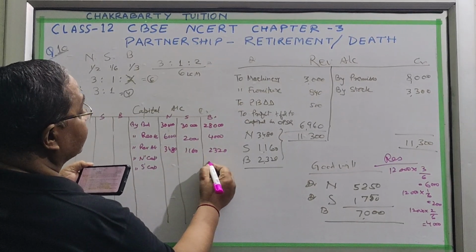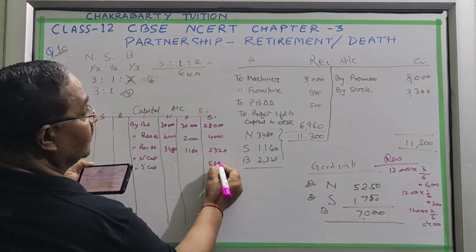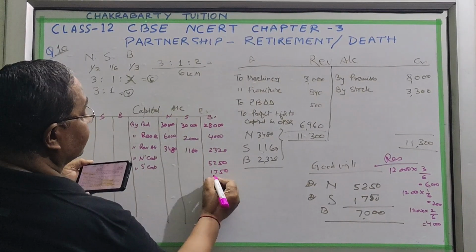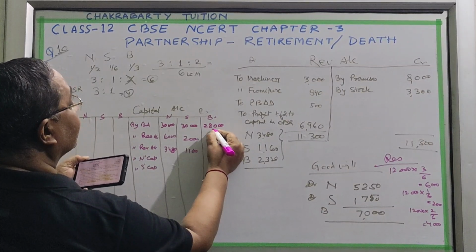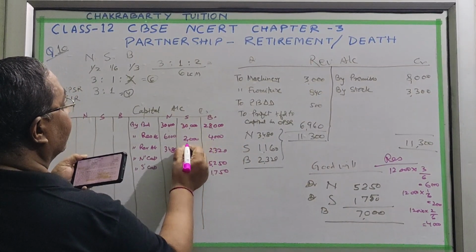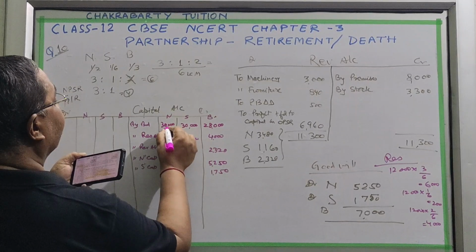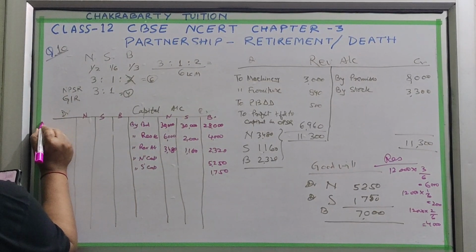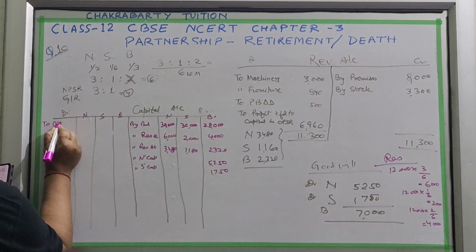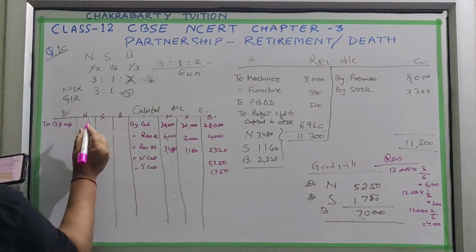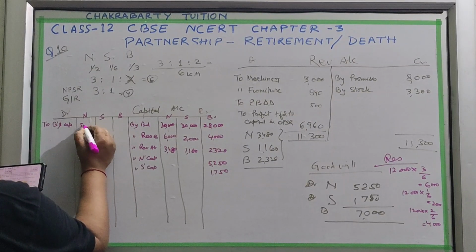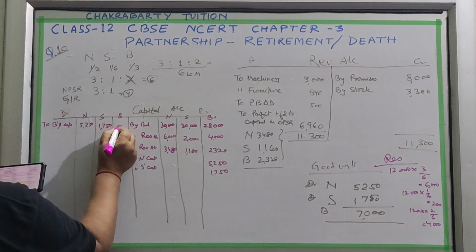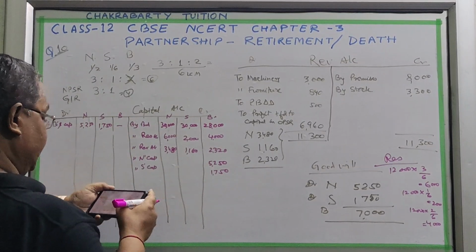It will come to B's account because he is going out. So 1750 is debited, B's capital, N will give 5250 and S 1750, and here nothing will come.